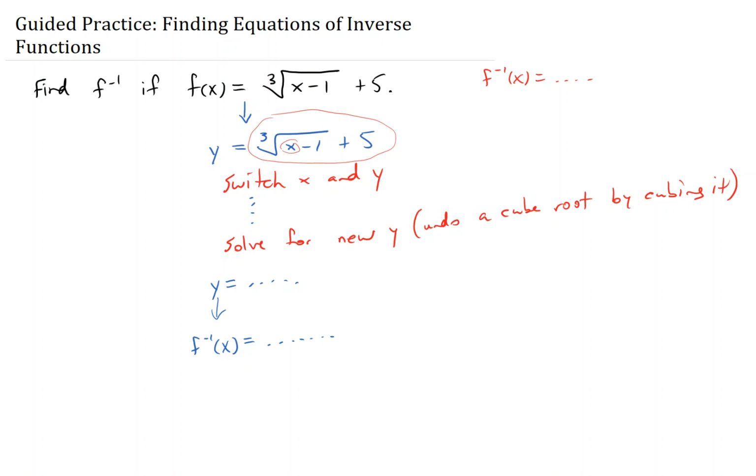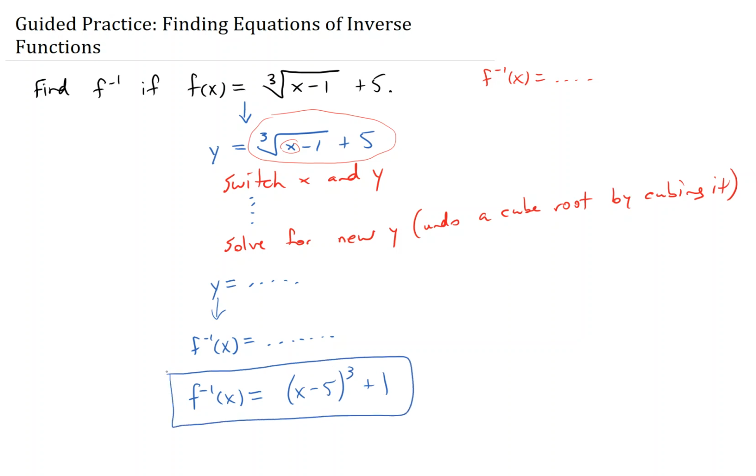So your final answer should be f inverse of x equals the quantity x minus 5 cubed plus 1. And that's perfectly acceptable. Now, if you're asking, well, what about the cube?